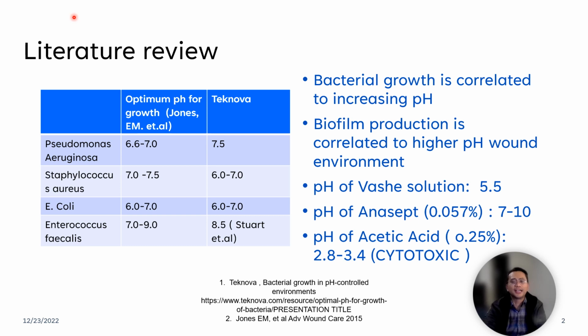Someone would argue that since the pH of this solution is very low at 2.8 to 3.4, wouldn't it be an appropriate antimicrobial that we should use frequently, on the basis of dropping the pH of the wound, especially if the wound is stuck in the chronic inflammatory phase of healing?